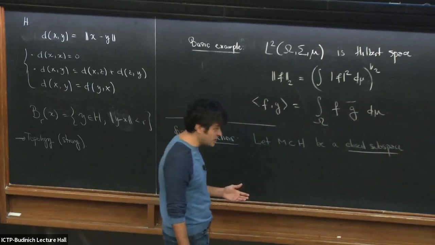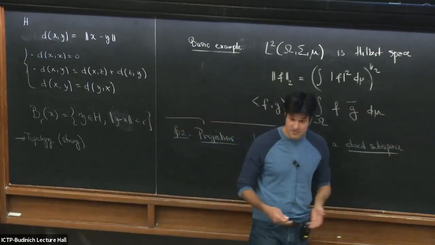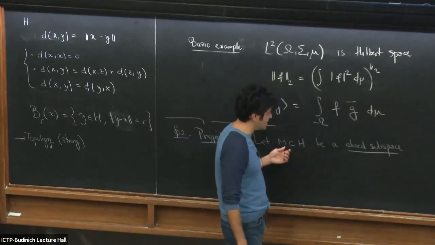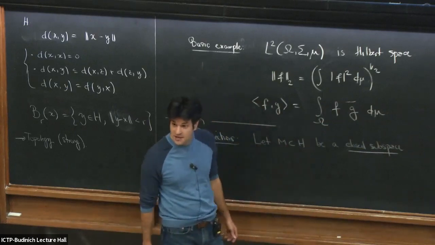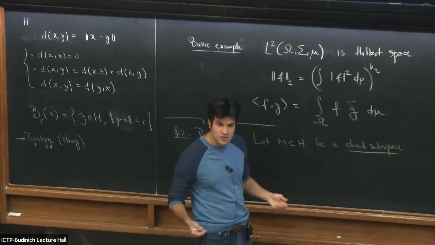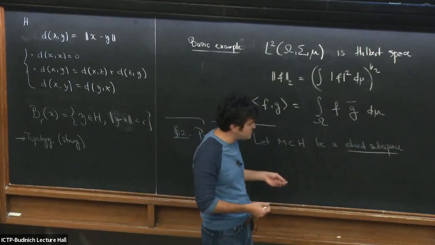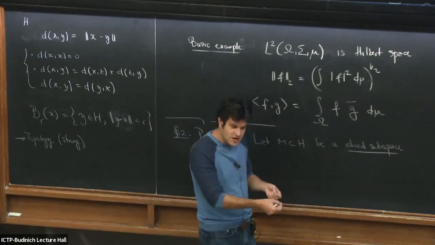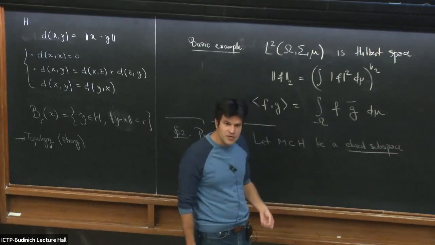Subspace, everybody knows what it is. It's a vector subspace. Sum of guys in M is still in M, and multiplication by scalar is there. Closed, this subspace is closed in the strong topology, in the sense that a sequence of points in this space converging to a guy, this limiting guy will be in the space.